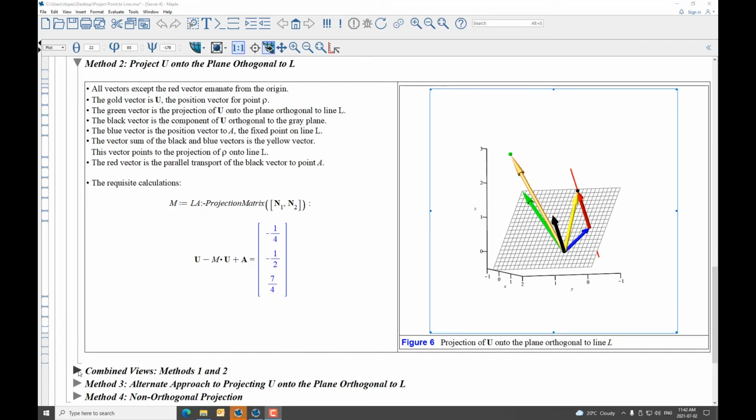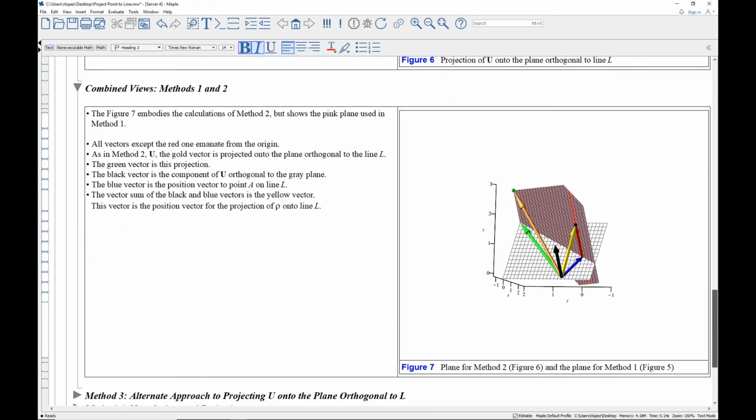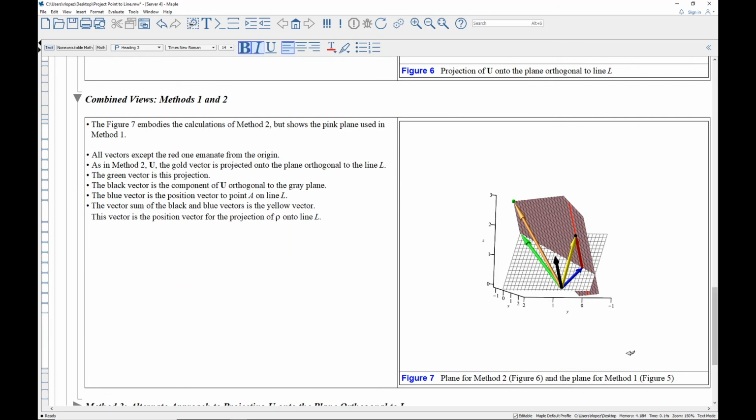At this point, I found it useful to draw a picture showing the two planes we used in these projections. So these vectors haven't changed their meaning. This is the position vector to the point rho. Its projection down onto the orthogonal plane. This is its orthogonal component. This is the origin down here.